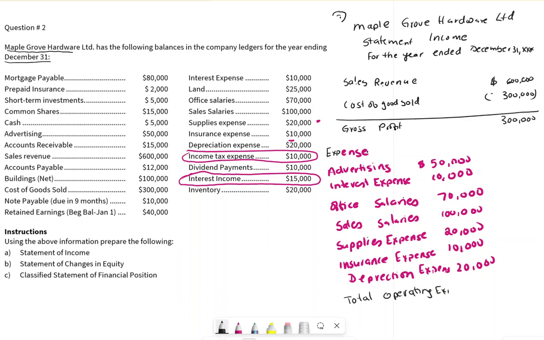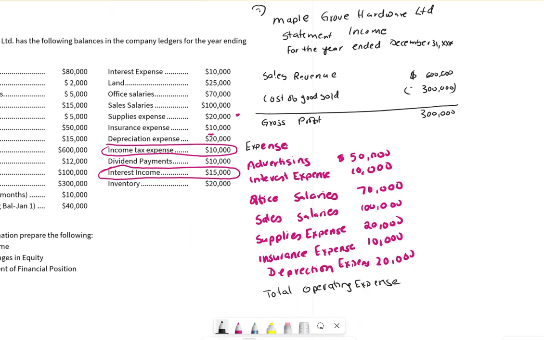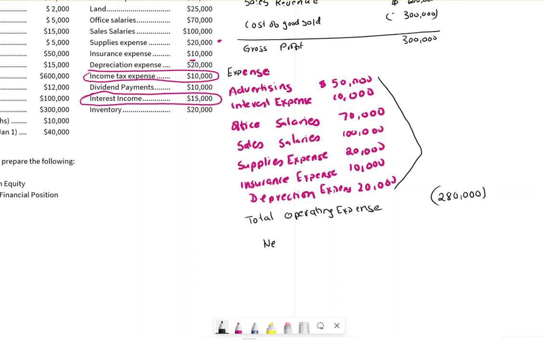If I add all of the operating expenses, the total that I get is $280,000. Operating expenses are subtracted, and then what we get is my net operating income.